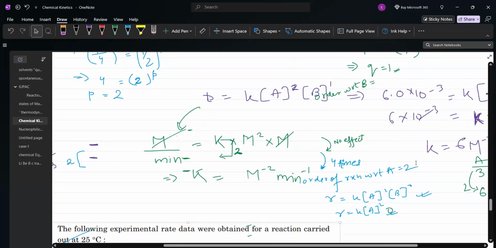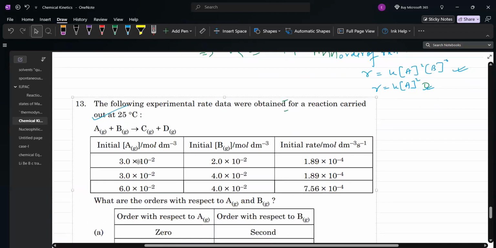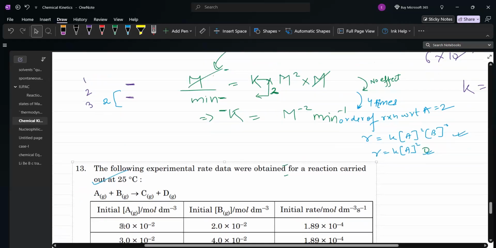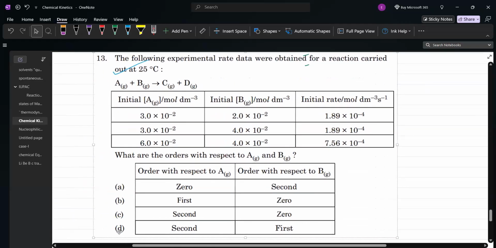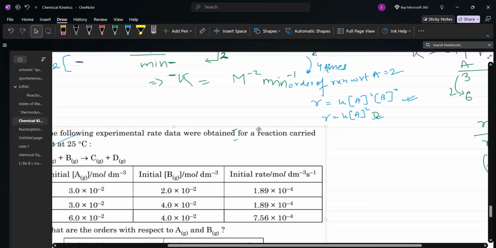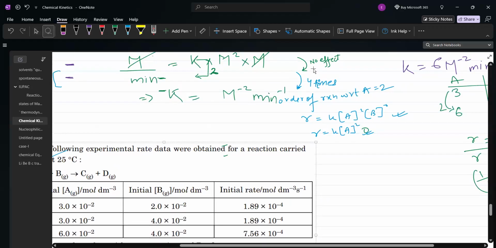To solve this question, you have understood this question, right? Yes, sir. I'm writing the answer of it. Wait, let me take this here so that you don't have to worry.